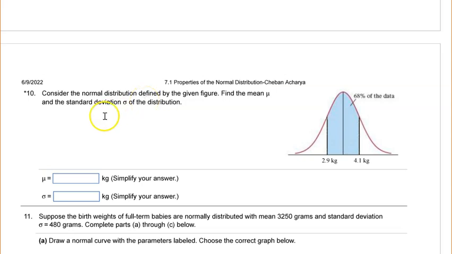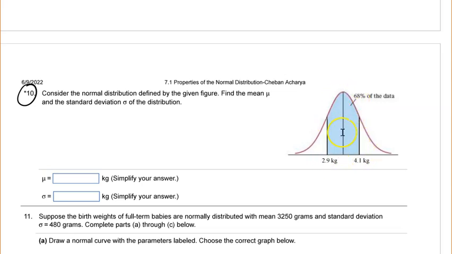Question number 10. Consider the normal distribution defined by the given figure. Find the mean and the standard deviation of the distribution. The mean isn't marked, but notice that the mean is halfway between two numbers.